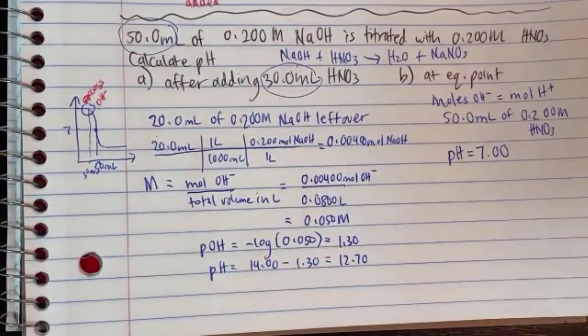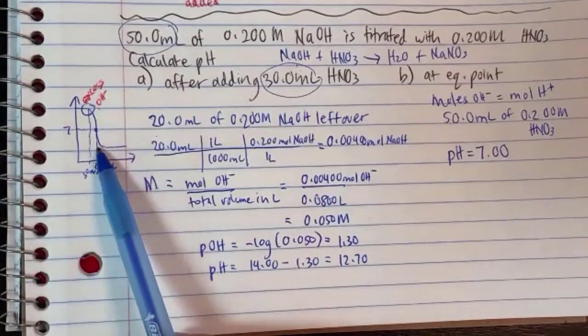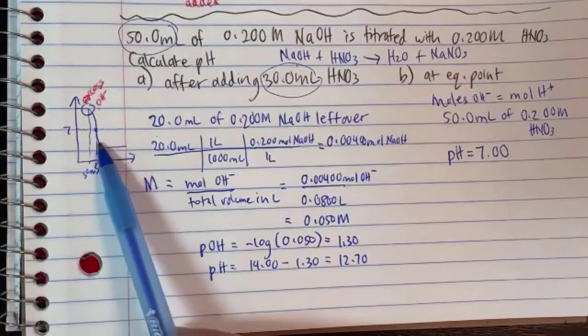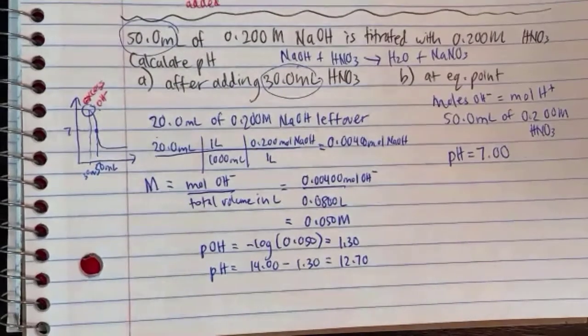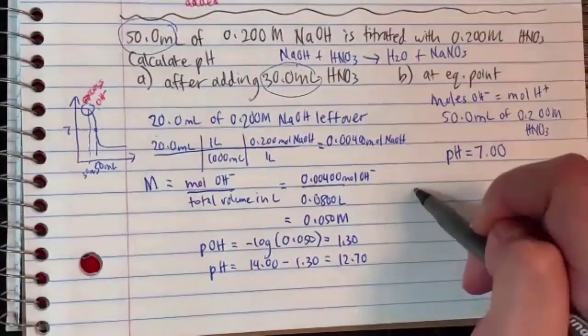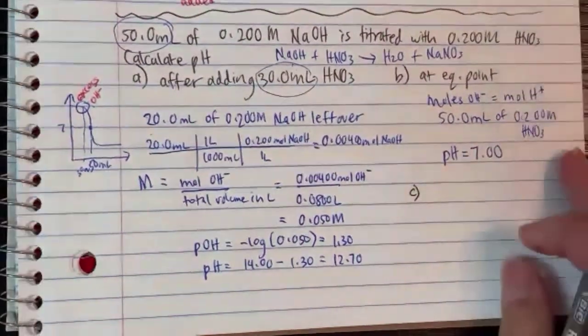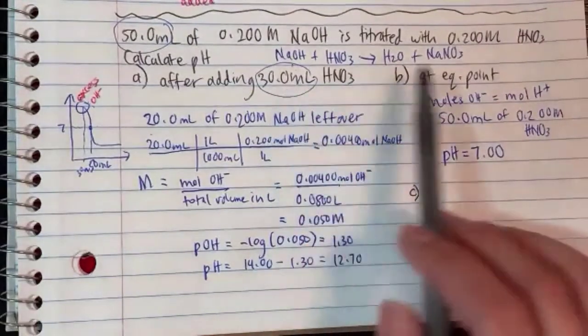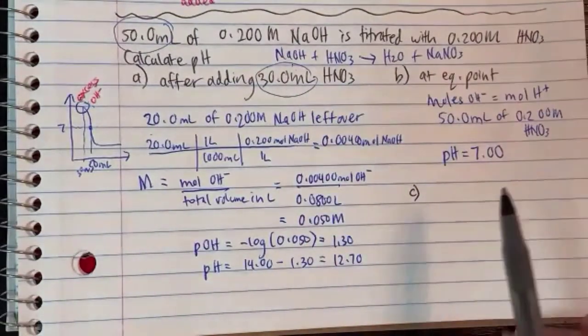Okay, now if they had a question, they added another one and say, what's the pH somewhere over here after you add 60 or something. Let's go ahead and add it. We'll add the question right here. Okay, so this is before equivalence, at equivalence, and then we'll do one that's after.